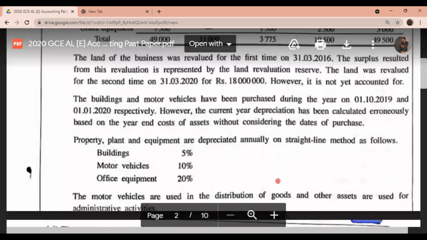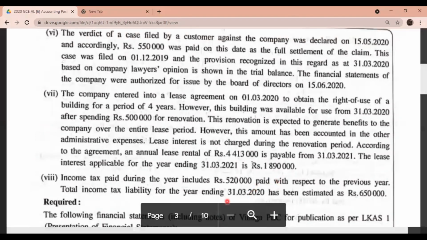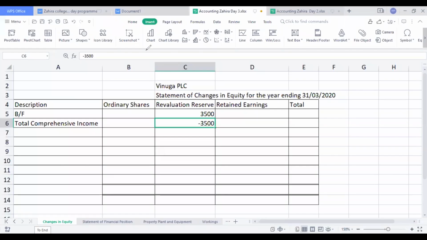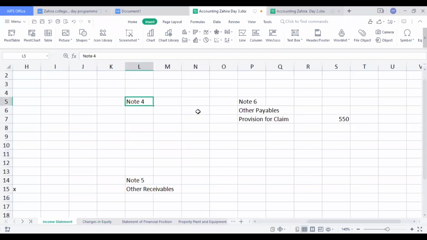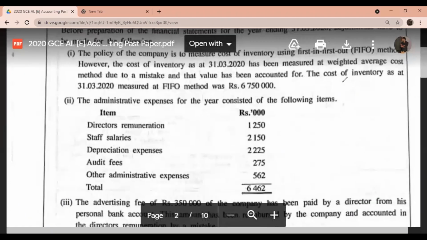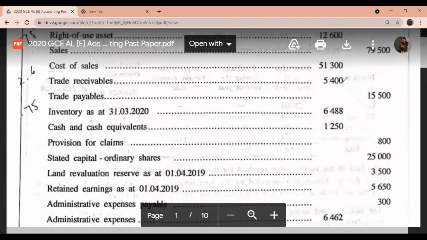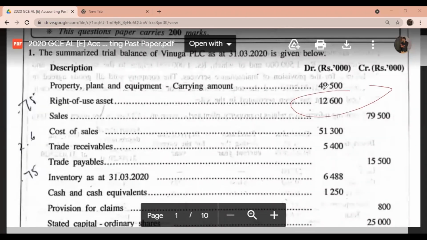So let's start with the right of use asset. I left a note to do this adjustment because I know there's an adjustment in this. If you do not know that there will be a right to use adjustment note, don't worry, guys. Even if you do it on the fourth or fifth note, it's not a problem. Here I am taking the right to use asset. First I'll take the value of the asset, guys. You all know the value, the building. It's 12,600.